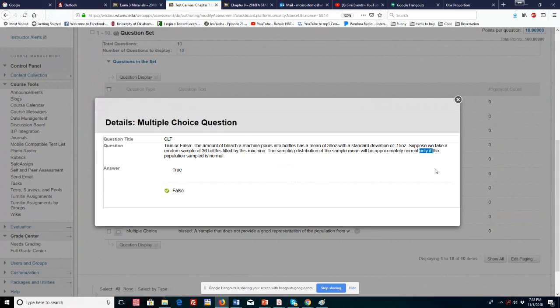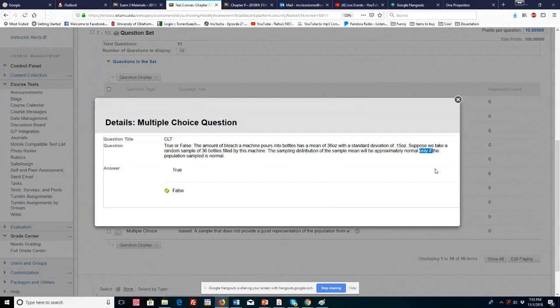Our sampling distribution of the mean will be approximately normal, no matter what the shape of the distribution is, because we have a sample size greater than 30. As long as we have a sample greater than 30, our sampling distribution of the mean will always be normally distributed.